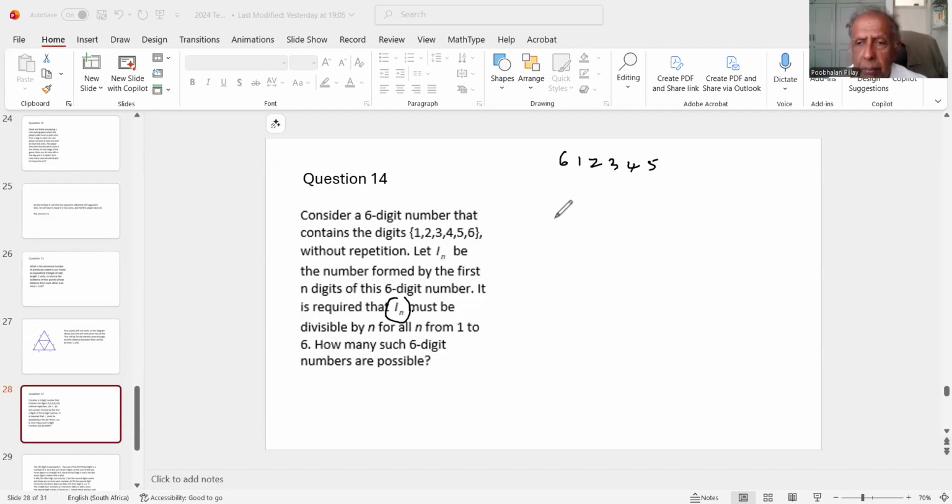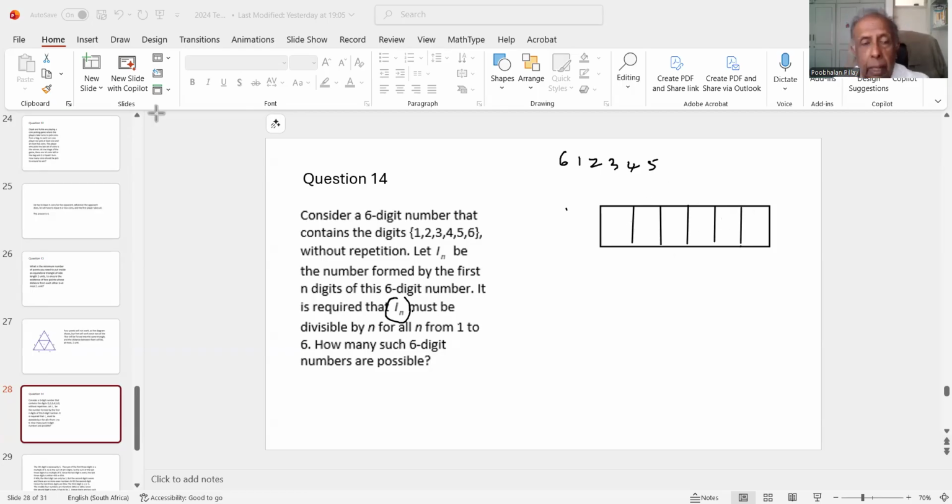If you've got a 6-digit number, I'm going to draw a 6-digit number and populate it with 6 digits. All right, so I'm going to put my digits inside here.